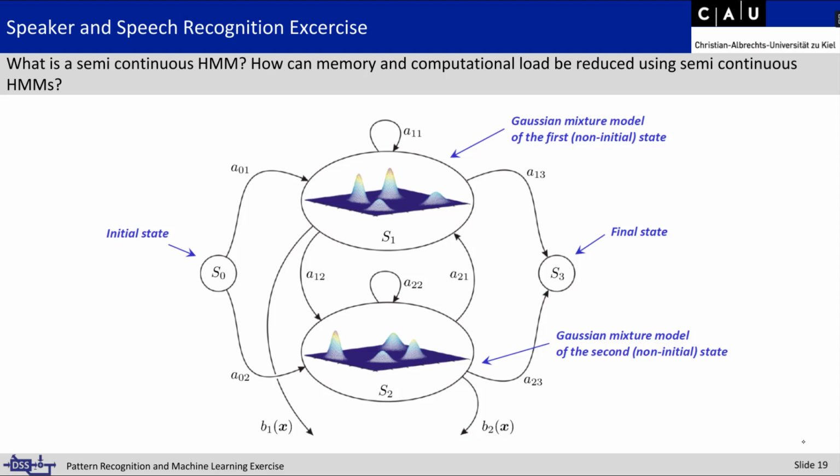So we can save memory and computational load in the sense that we only calculate the Gaussian distribution at the start of the training, and also we don't need to compare every one of those in each of those states. And we can also restrict the number of Gaussians for each HMM. And we can calculate the base Gaussian only once.